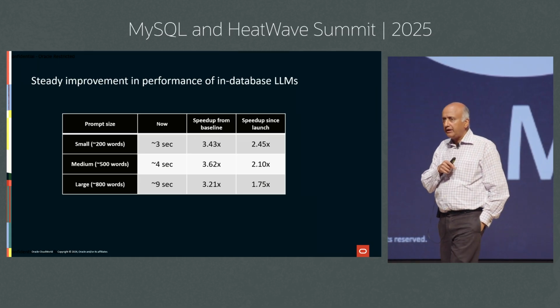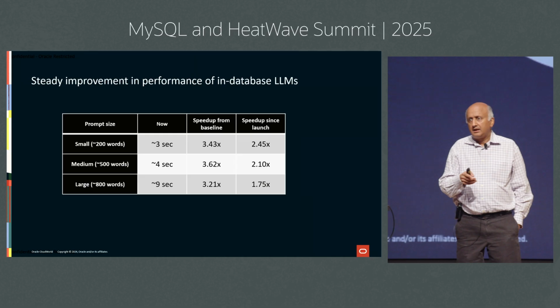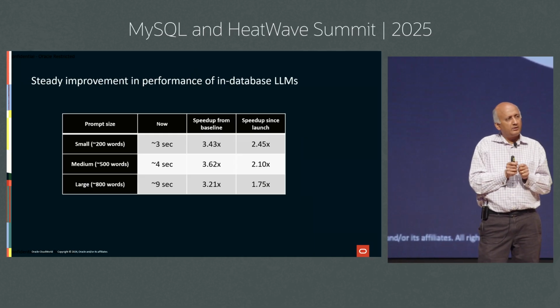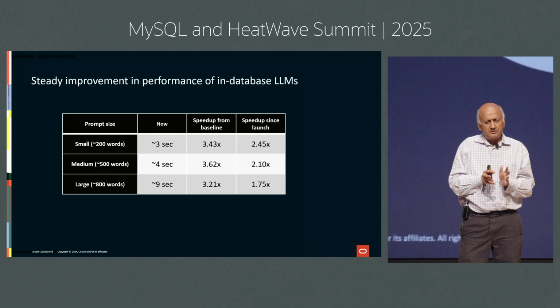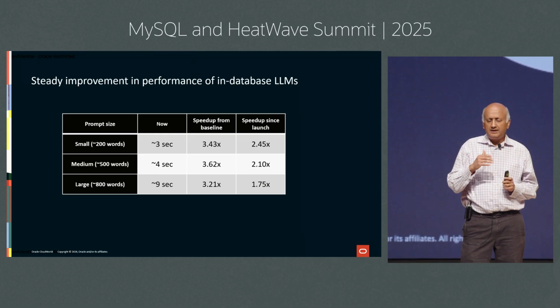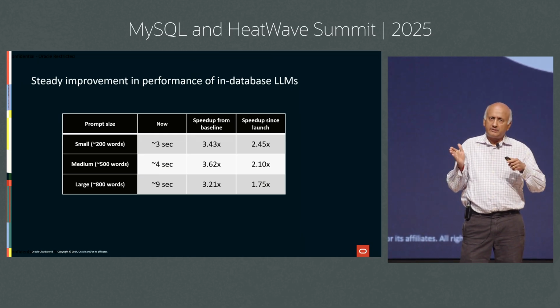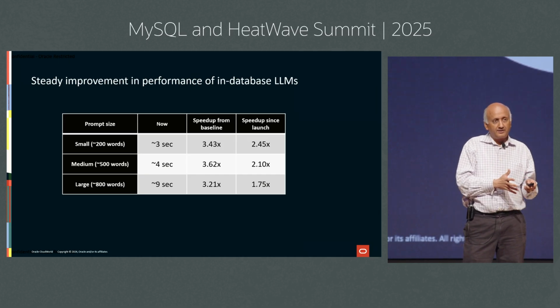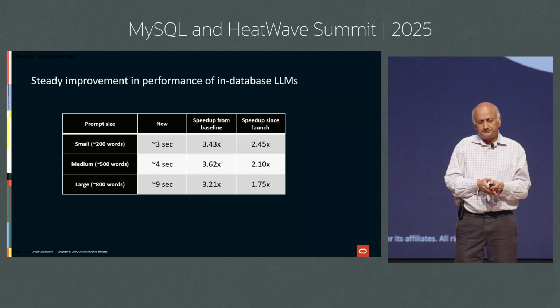Since then, we have done further optimizations by about 2x. Now, the exact performance depends upon the size of the prompt, so it's hard to say, but I would say that we are between 2 to 3x of the performance of running on a GPU. So that's really good, right? Because you're getting more security, it's for free, and it's always available.